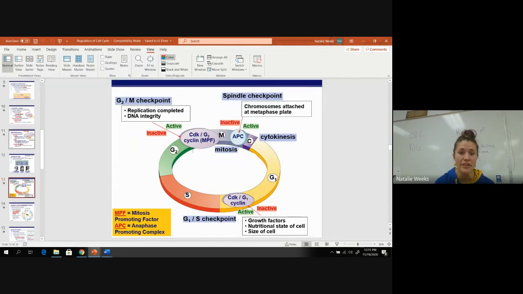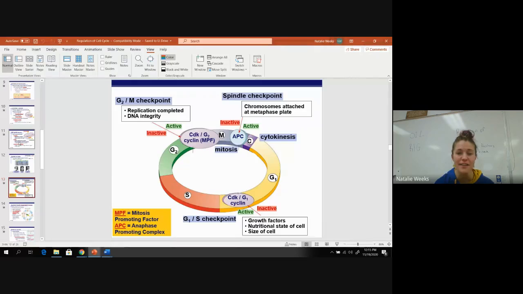So looking at all of these checkpoints again, we have the CDK cyclin kinases that are activating in G1 and G2. And then if we're looking at the spindle phase, we have the APC, which is a different complex.